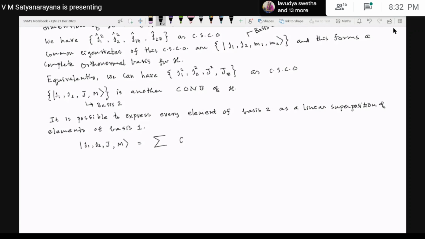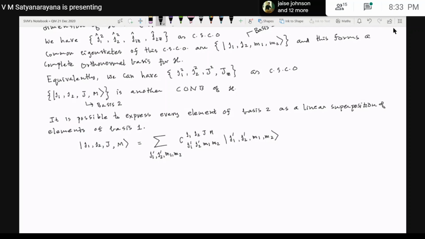Let me come back to these coefficients. The summation is over J1', J2', M1, M2, and of course this C depends on J1, J2, J, M, and J1', J2', M1, M2. So it depends on all these factors.